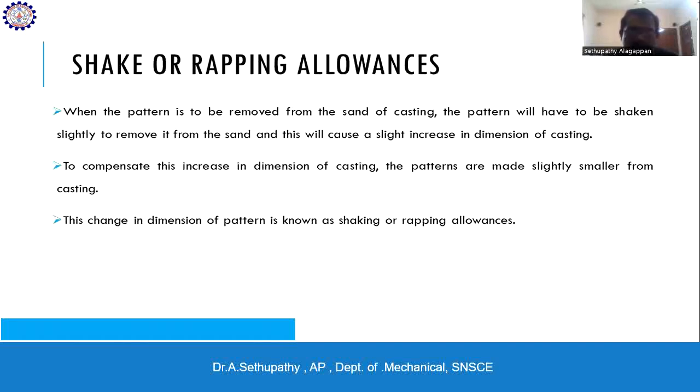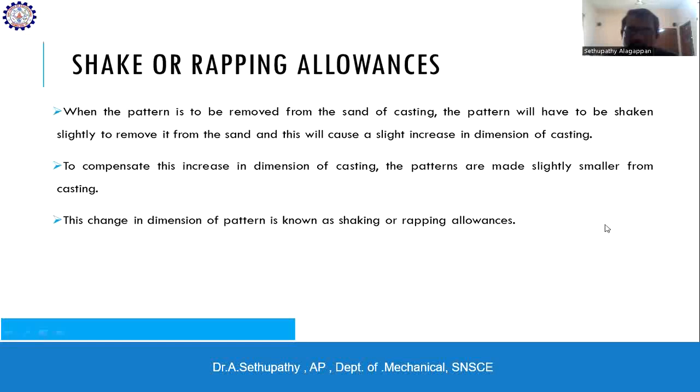The shake or wrapping allowances. When the pattern is to be removed from the sand of the casting, the pattern will be shaken slightly to remove it from the sand, and it will cause a slight increase in the dimension of the casting. To compensate for this increase, the patterns are made slightly smaller than the casting size.